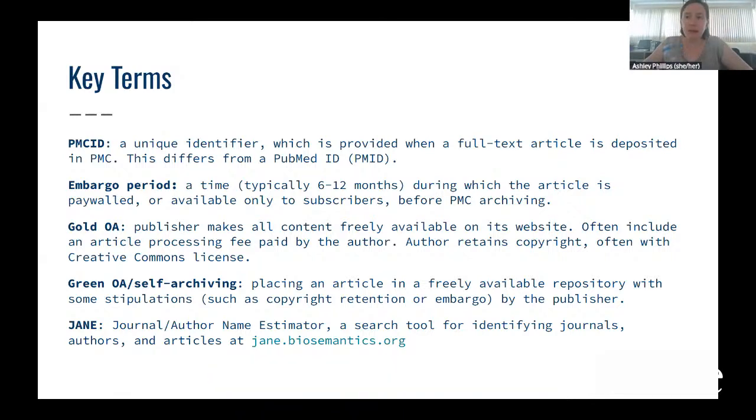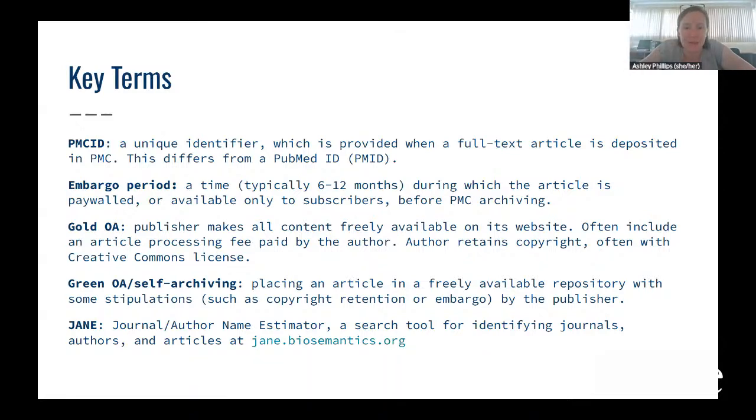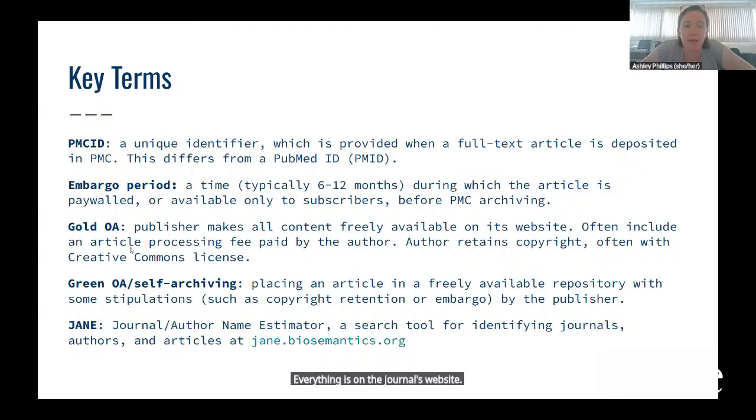And some things you might hear around this topic, but I'm not going to talk in depth, are gold open access and green open access. Gold open access is kind of fully open access. Everything is on the journal's website, and usually there's a fee for that.